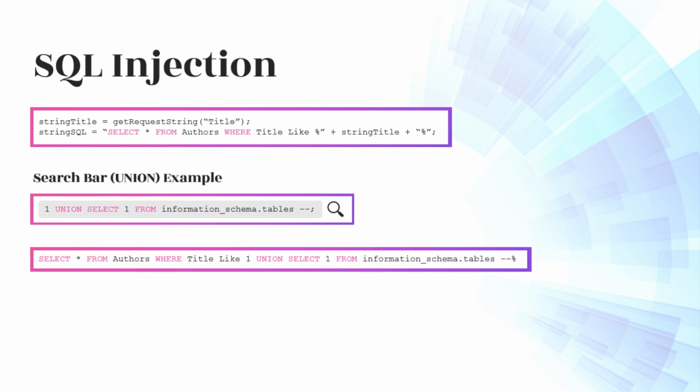So here also the union example is just an example of obtaining the table layout or table structures from your information schema. This could be anything as well, and most of the time this type of attack is carried out in a search bar or in a search field, because the results that come in most of the time are multiple columns, which allows the attacker to gather more information about that data in the database itself.